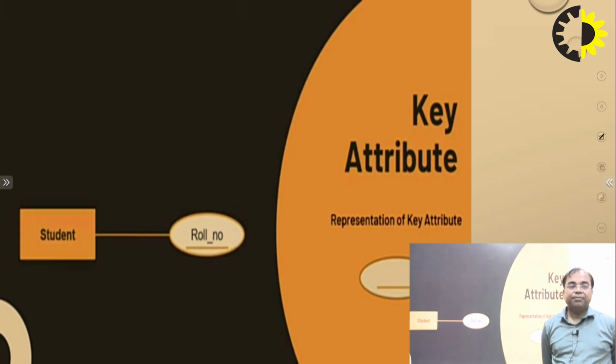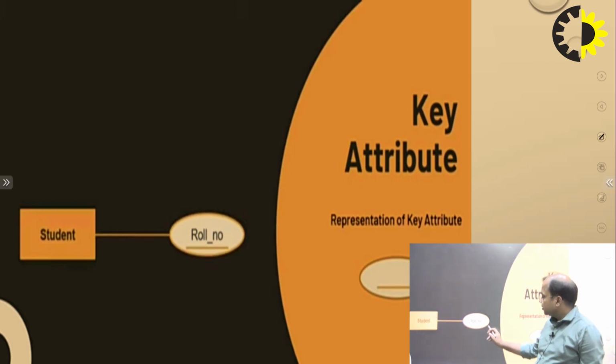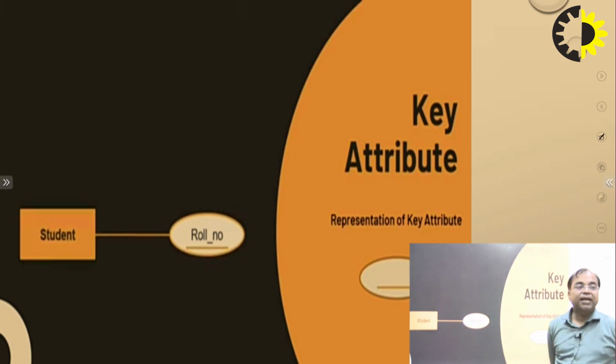It is also a prime attribute. Here we just see how to denote it. It is denoted by a straight line, meaning an underline, inside that oval, and then we write the name. So roll number is underlined. That is a key attribute.